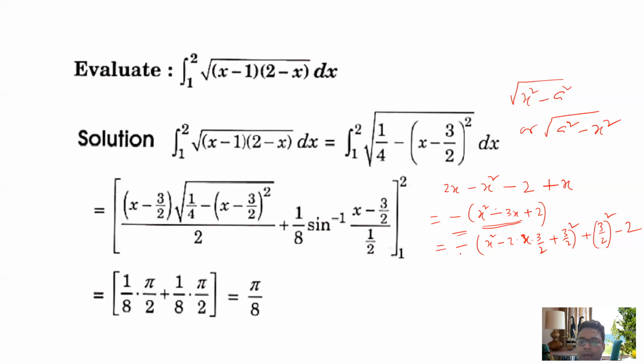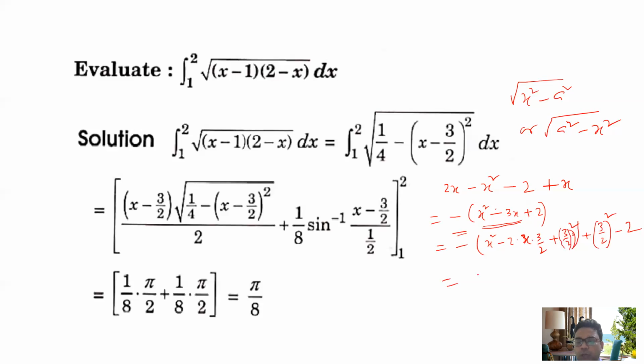So from here we have minus, x square minus 2ab, that is 2 into x into 3 by 2. To convert it into a whole square, what is your requirement? That is 3 by 2 whole square is our requirement. Clear? So you are adding 3 by 2 whole square, and you should adjust it by minus plus 3 by 2 whole square minus 2.